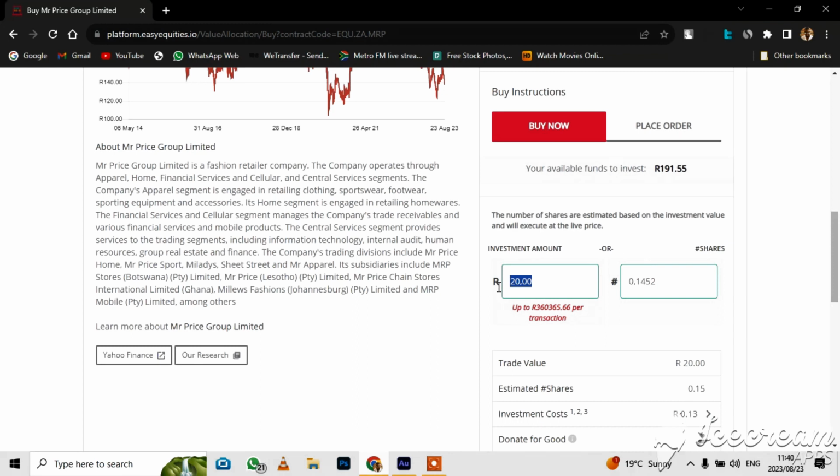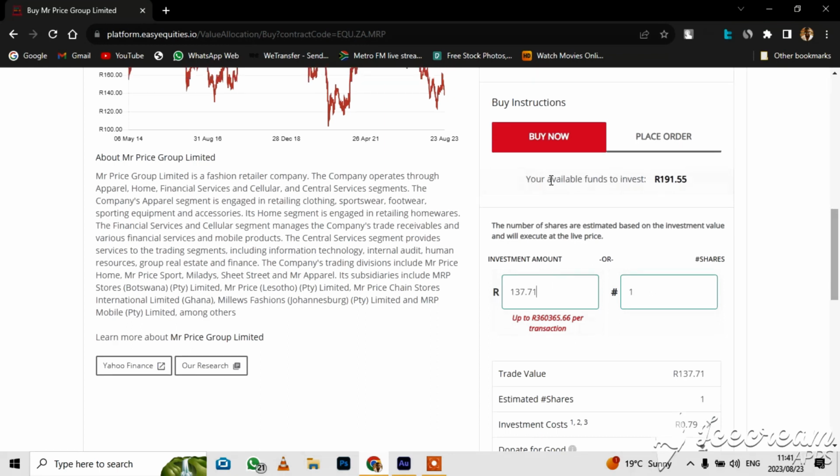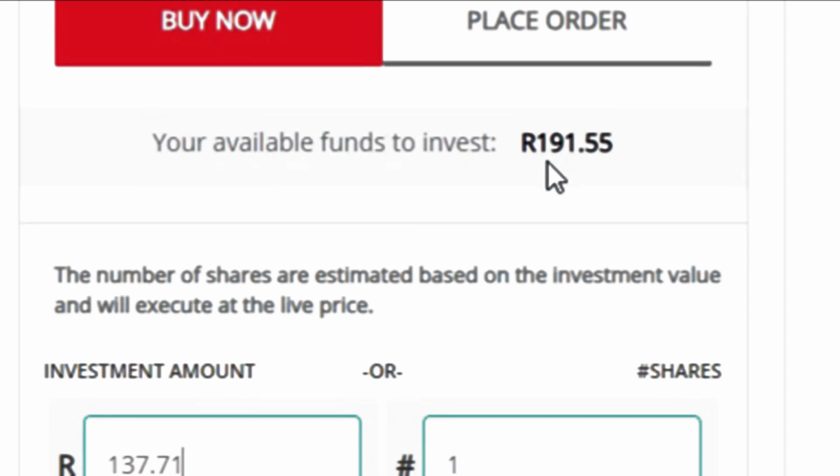I don't believe in investing little money because I want to see my portfolio grow. If you put in little money, your portfolio will grow slowly. I don't want my portfolio to grow slowly, I want it to grow fast. And by the way, guys, as you can see here, your available funds to invest, I have 191.55. That's how much I have to invest in Mr Price.